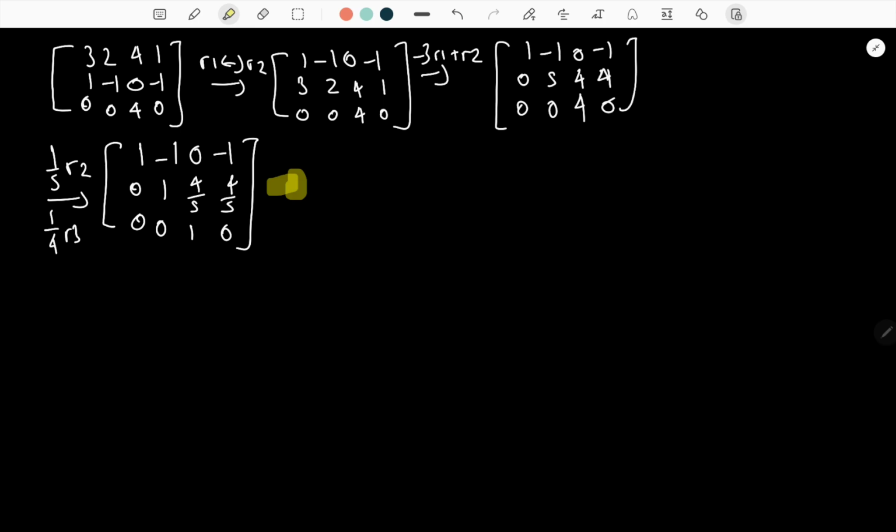We can just, first of all, let's get rid of this minus 1 here, so it's gonna be R2 plus R1, yeah, R2 plus R1, which will give us, let's do it step by step, 1, 0, it will be minus 4 over 5, and then minus 1 over 5.